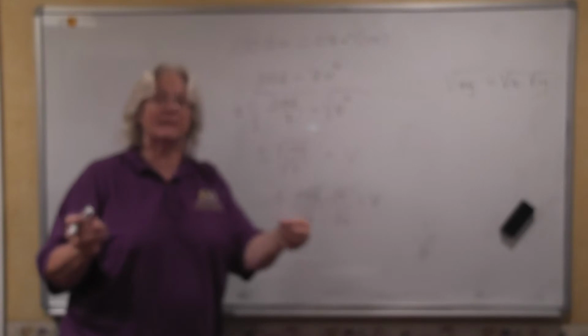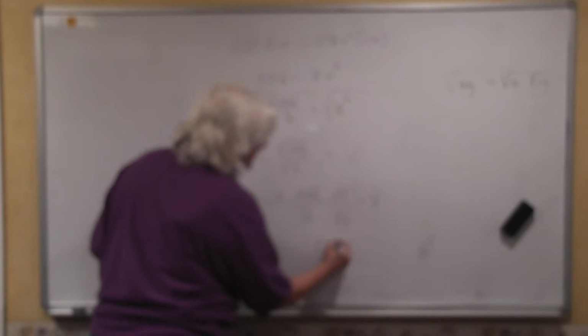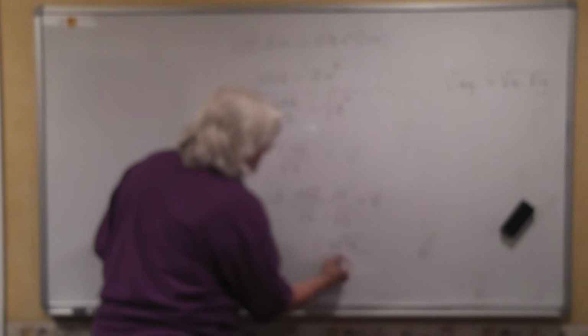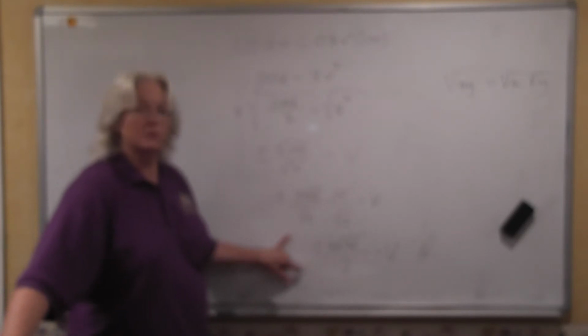I'm hopeful that this extra time I'm taking here really isn't necessary, that you understood exactly what's going on, but you would have plus or minus 10 times the square root of 7d, all of that over 7, and that's equal to v. And this is what your solution is.